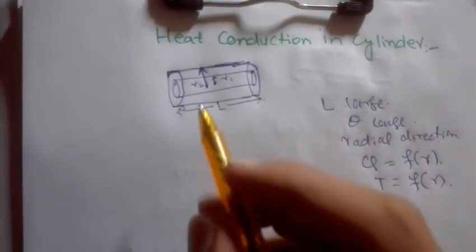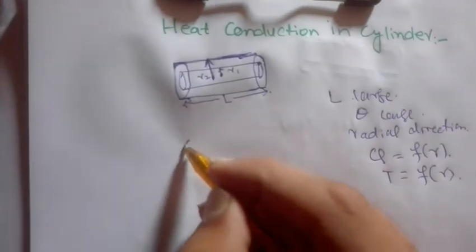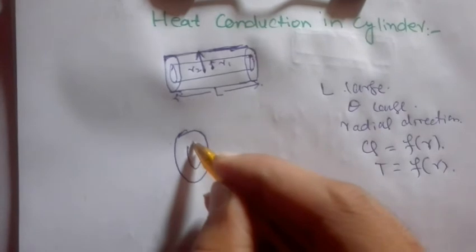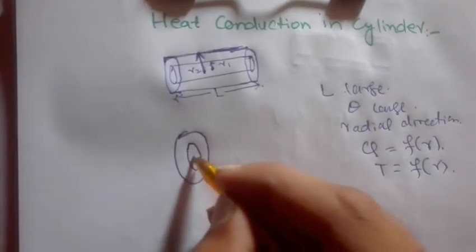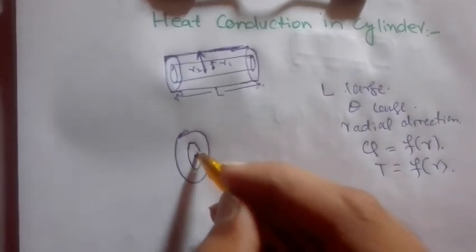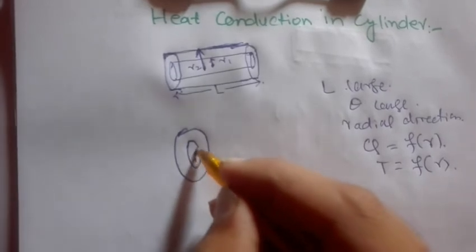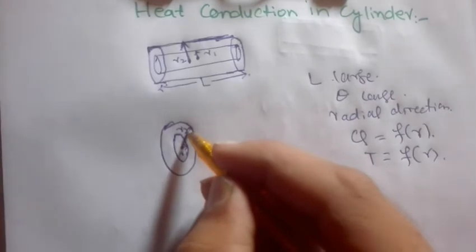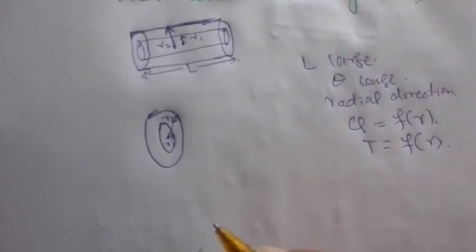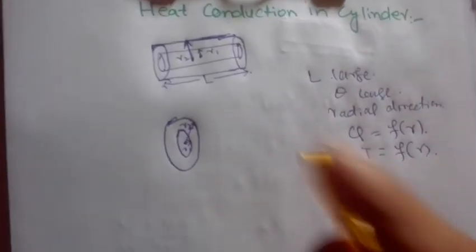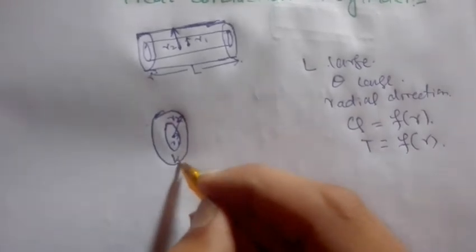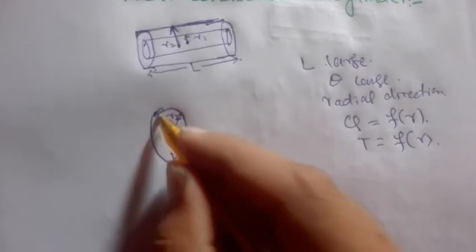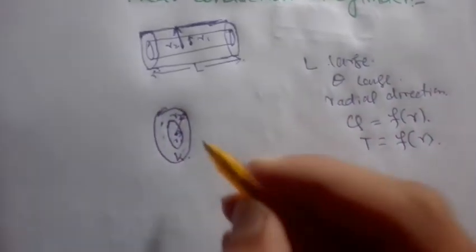For simplicity, suppose this is the sectional area of the cylinder, and this is the inner radius R1, and this is the outer radius R2, and the thermal conductivity of the cylinder is K. Suppose the thermal conductivity is constant.